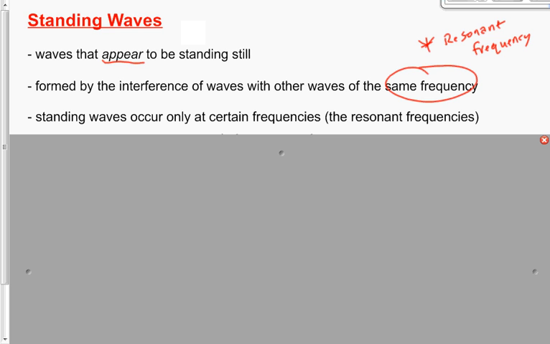A lot of times we're very good musicians and we know nothing about resonance or standing waves. But the reality is, when we pluck a guitar string, a whole lot of frequencies are generated in that string. But most of them disappear almost instantly. The only ones that remain are the standing waves, the resonant frequencies.